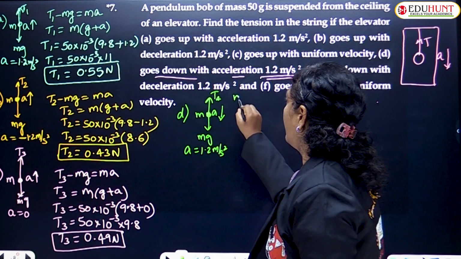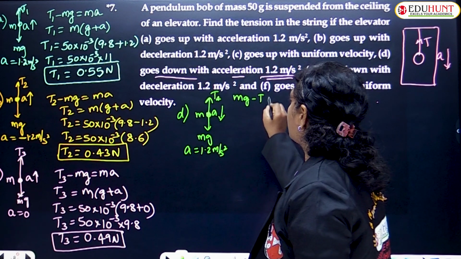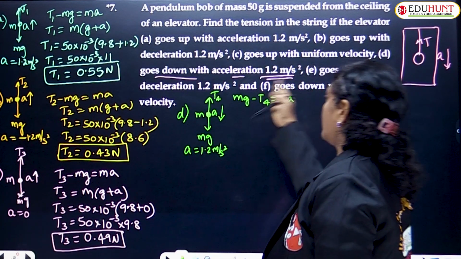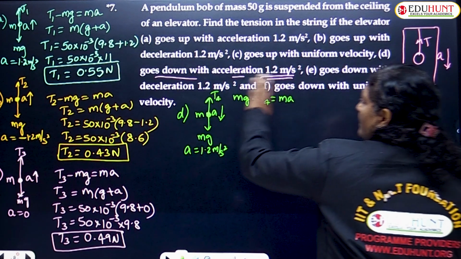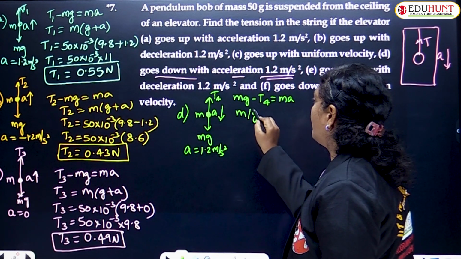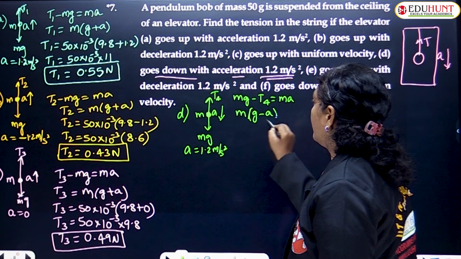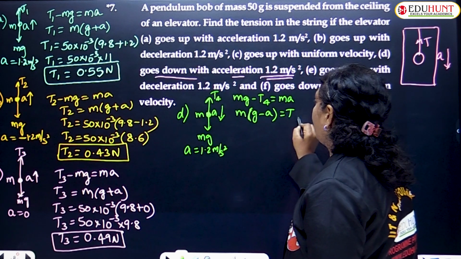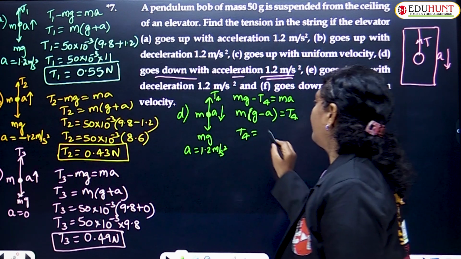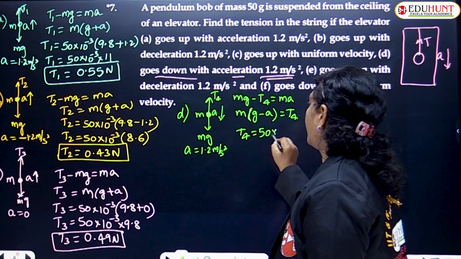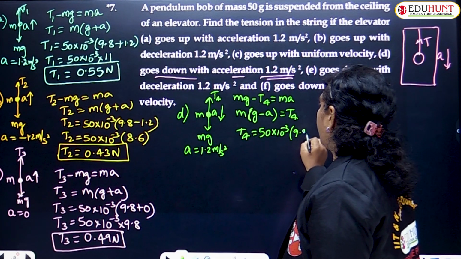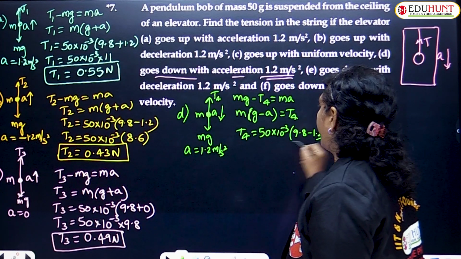So we have mg minus T4 must be equal to ma. Bringing the minus T4 to the other side and carrying the ma, you will get m into g minus a as the value of T4. So T4 is equal to m, which is 50 into 10 power minus 3, into g, which is 9.8, minus 1.2.